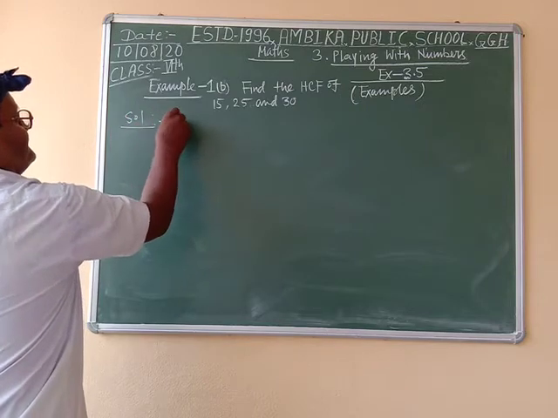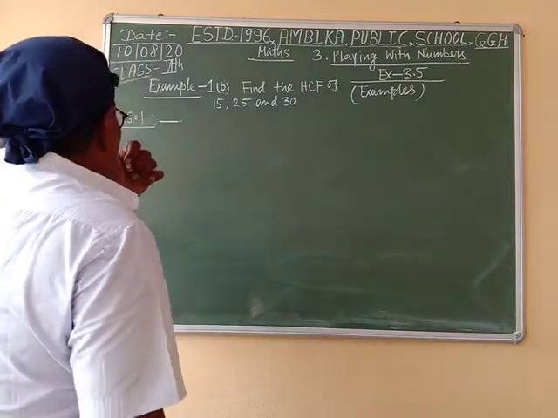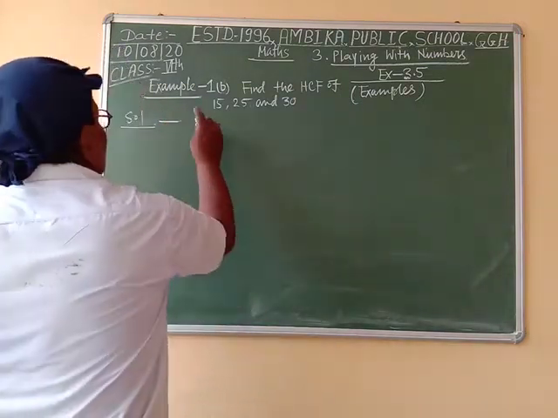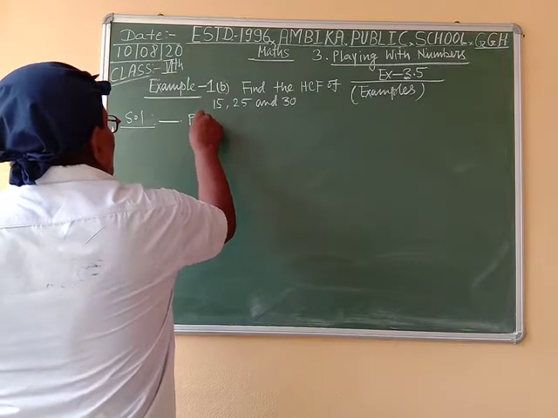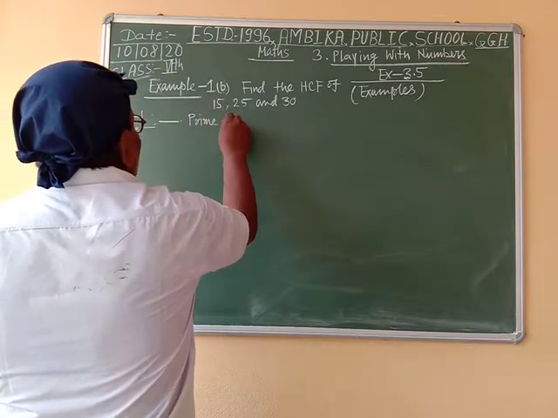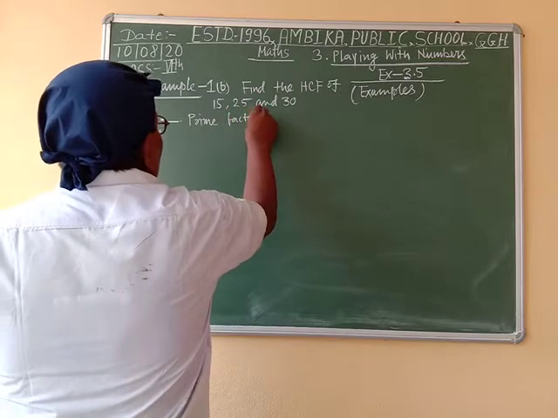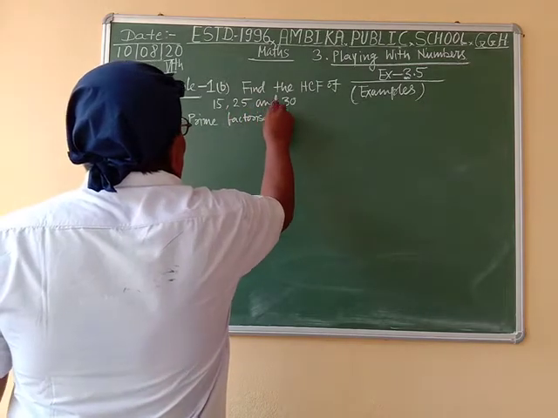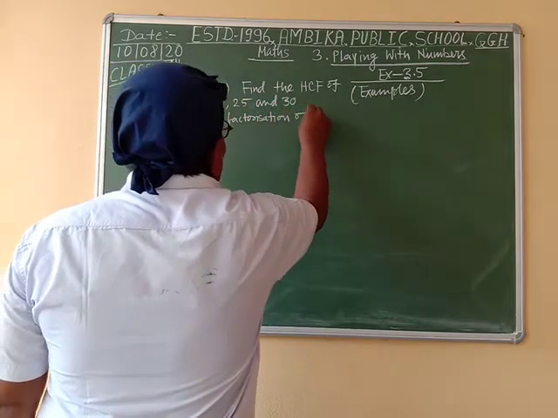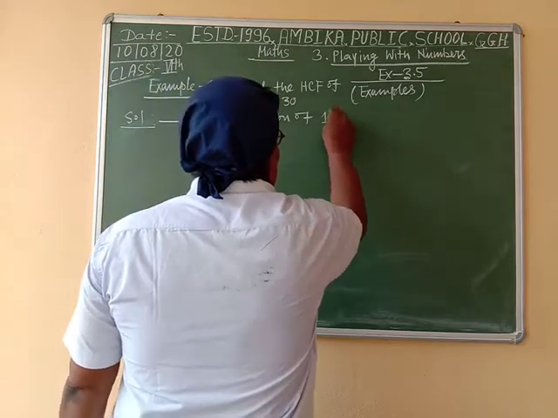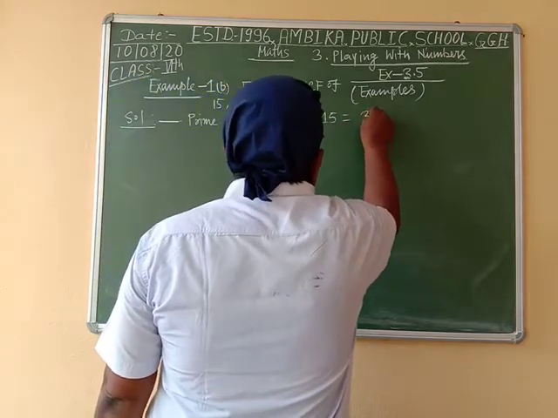Solution. Prime factorization of 15 is equal to 3 into 5.